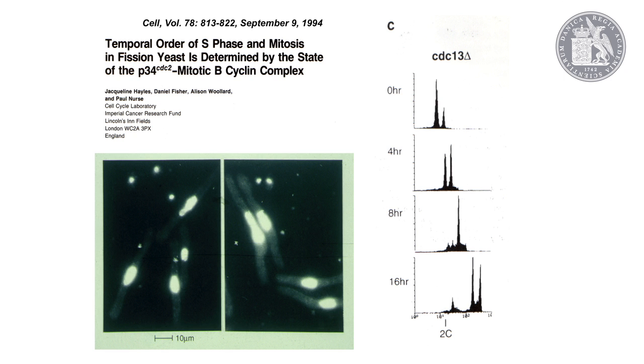And I did that, and I'm shortening this story, and found a mutant that looked like this. These are cells stained for DNA, and this is a wild-type cell, and this is the mutant. You can see that here the cells are very small, here they're very big, but look at that nucleus.